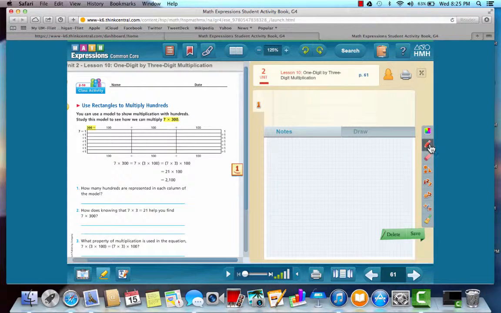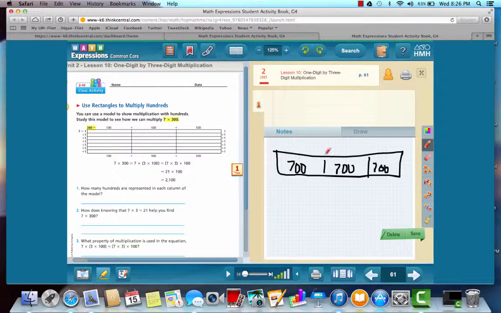So if you have 700 in the first column and 700 in the second column and 700 in the third column, that means we have 3 rows of 700. So 7 plus 7 plus 7 is 21. Carry the 2 zeros down, 0, 0, and we end up with 2100.